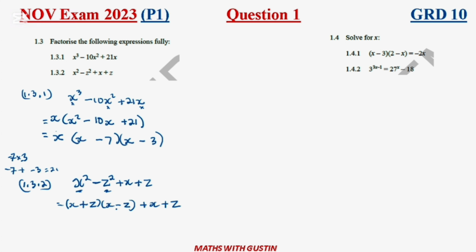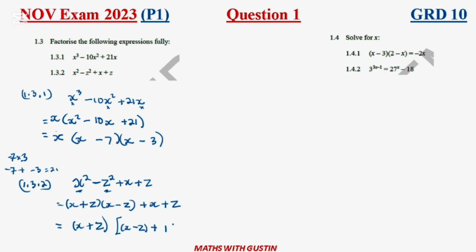Let me know what you guys think. Okay, I think you can also take out a common factor. If I look at this properly, you can take out a common factor of x plus z. Therefore, in this case, you are going to be left with x minus z, so that when you remove the bracket, you will go back there, and then here you are going to have plus 1.